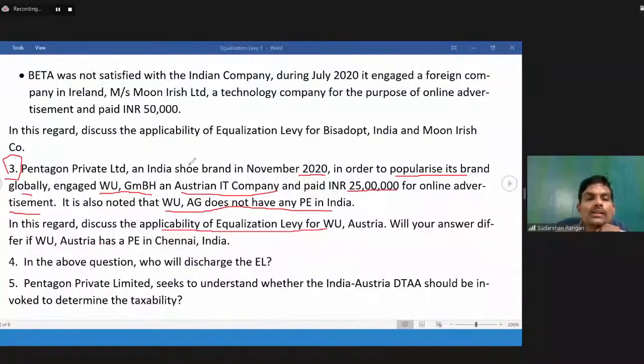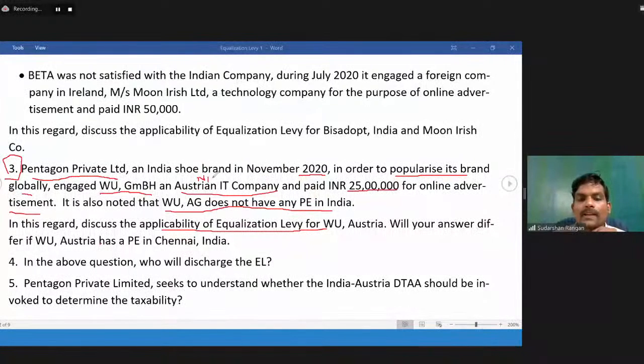Let's look at first whether the payer, the service recipient, is a resident. Yes, he is going to pay. Next, whether the consideration is received by a non-resident service provider. Yes, it is an Austrian company, a non-resident, and it is the service provider.